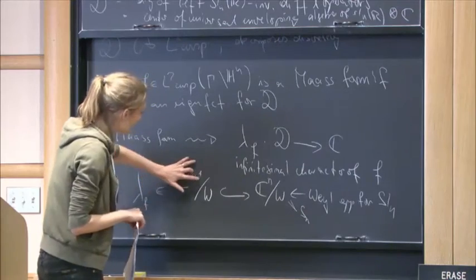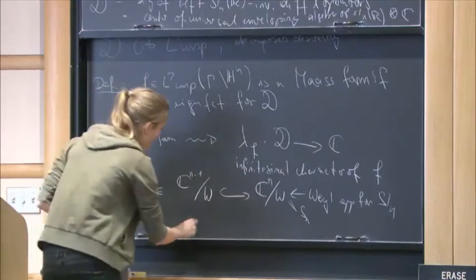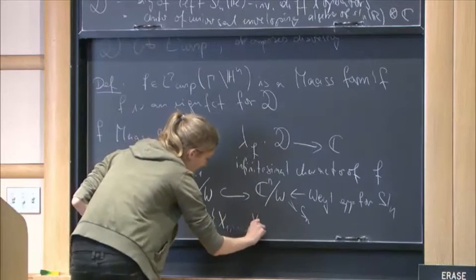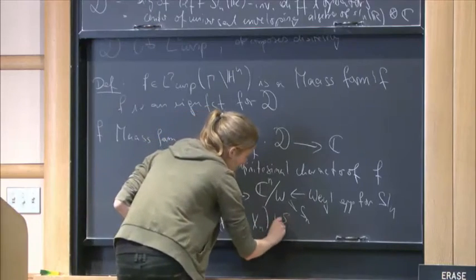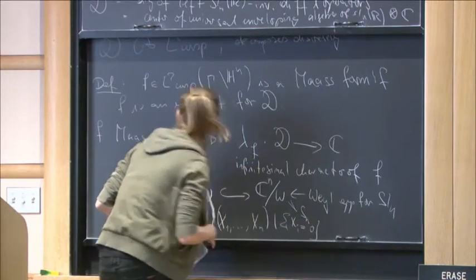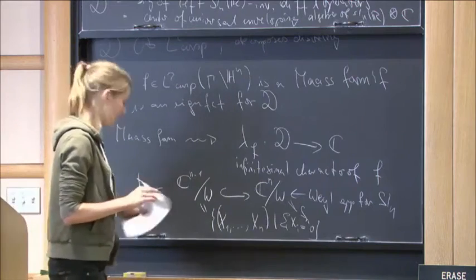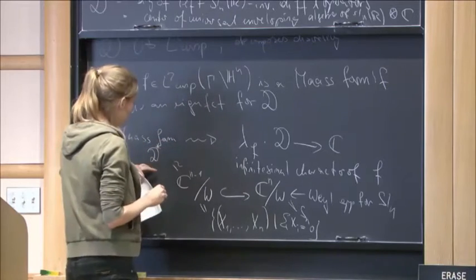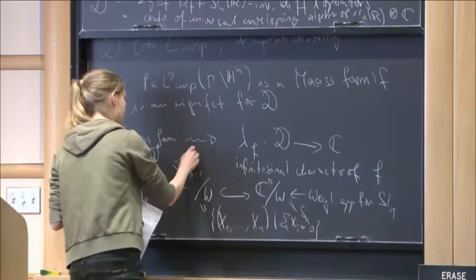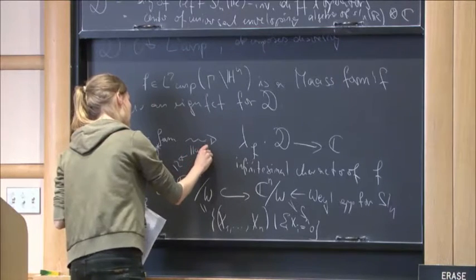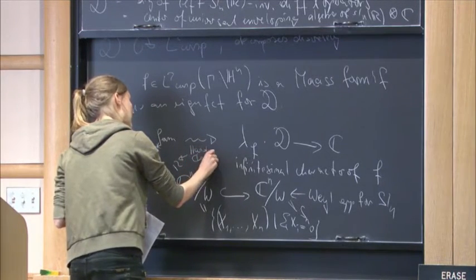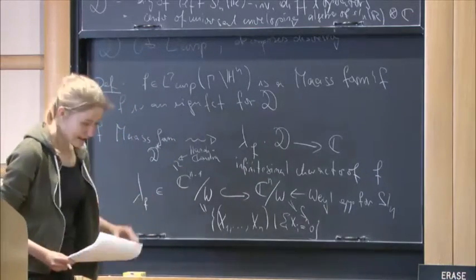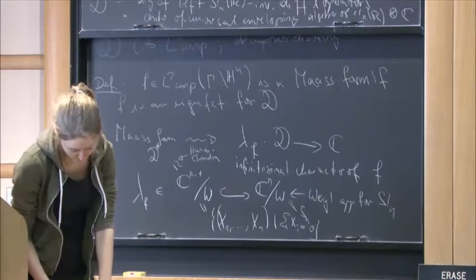And we embed C^(n-1) into C^n by taking n-tuples whose sum is 0. So this is isomorphic to D star by Harish-Chandra. But for SL_n, this can be seen more directly. So we view lambda_f really as an element in C^(n-1).